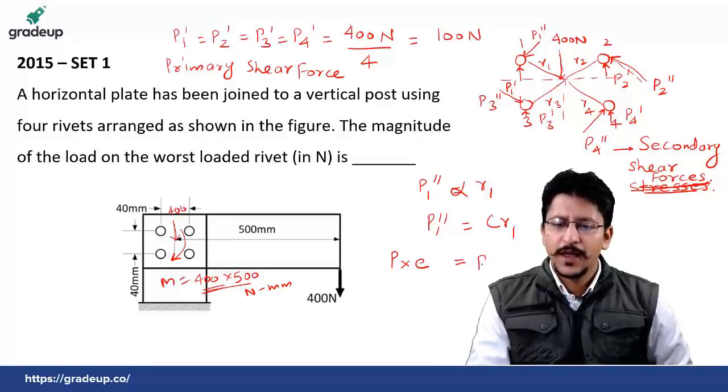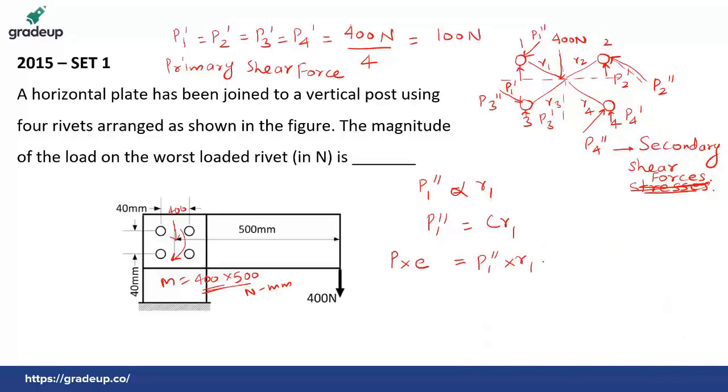That will be P1 double dash into R1 plus P2 double dash into R2 plus P3 double dash into R3 plus P4 double dash into R4. I am solving this question in a very detailed manner. If you have practice, you can skip some steps to save time during the examination.